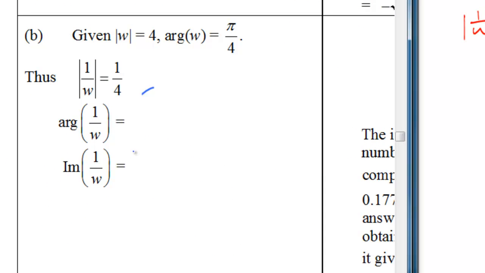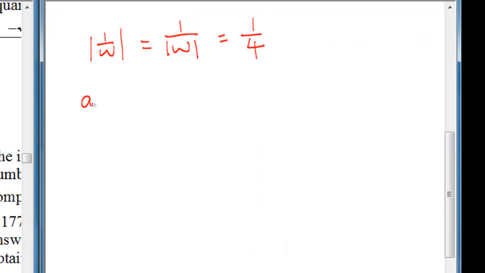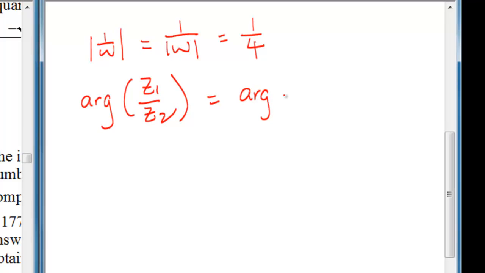For the argument of 1 over w, recall that when we have the argument of z1 over z2, we can simplify it as argument of z1 minus argument of z2. In this case, z1 is 1.